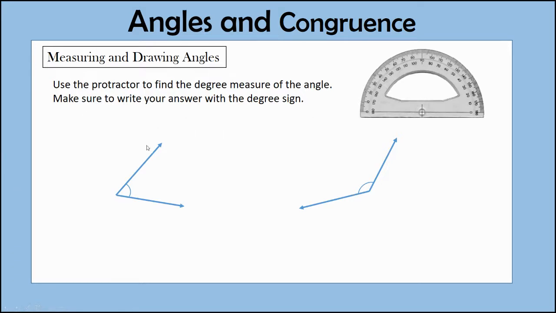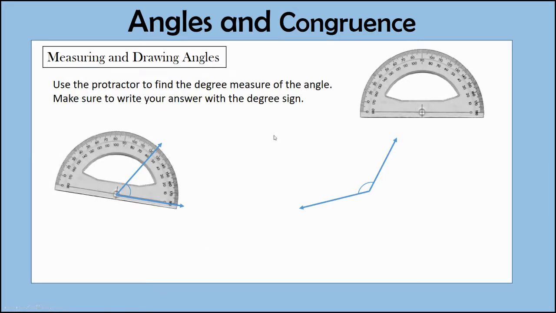But essentially, when we're asked to find the degree measure of an angle, we need to put our protractor on the angle so that the vertex is right at this crosshair, if you will, and one of the rays is running right down the line at zero. If I put the protractor on here, notice the crosshairs are right on the vertex, and I'm extending right down this line.